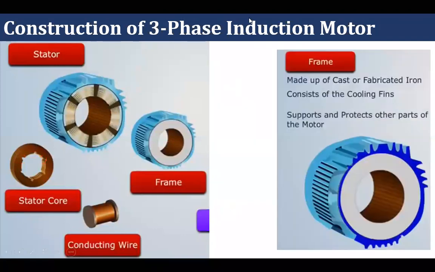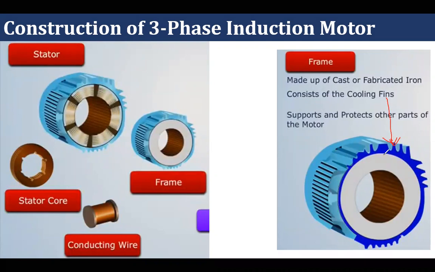Then the last part of this stator is frame, made up of cast or fabricated iron, consisting of cooling fins. These fins are used to dissipate heat generated within the motor, so that temperature of the motor will be within the working range, and so motor will work correctly.